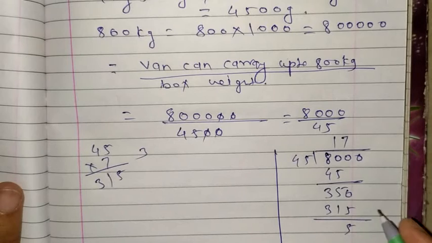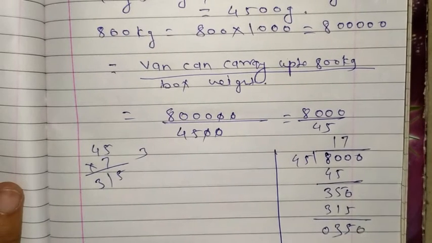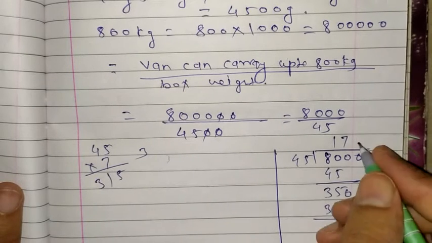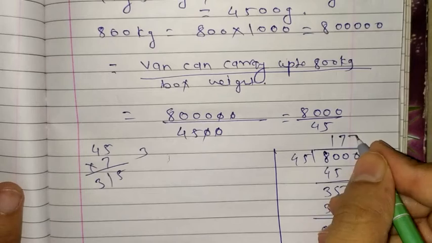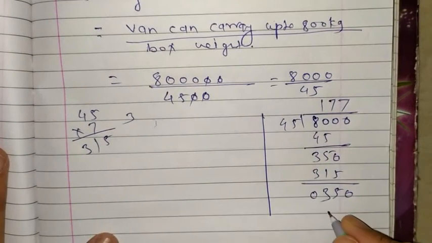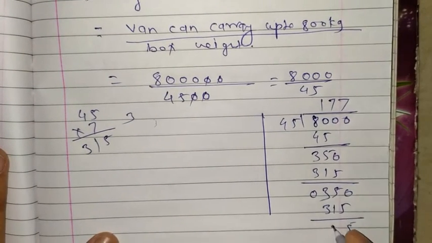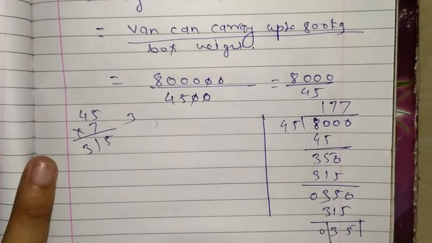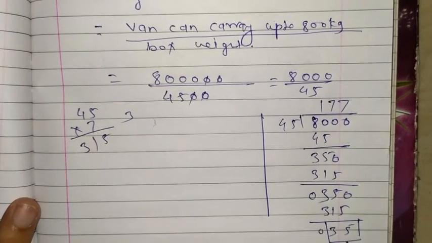Here 5 will be there, 4 minus 1 is 3, 0, again a 0 we are getting. Again if I multiply by 7, it is 315. Now only 35 will remain.